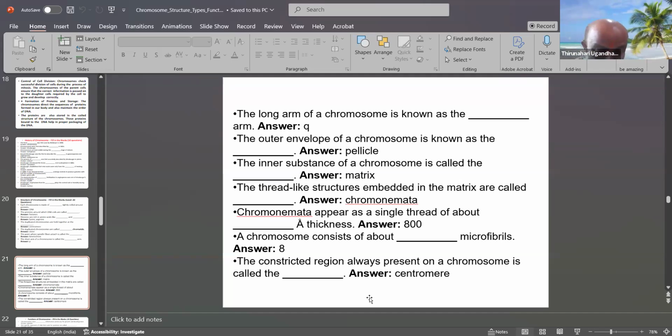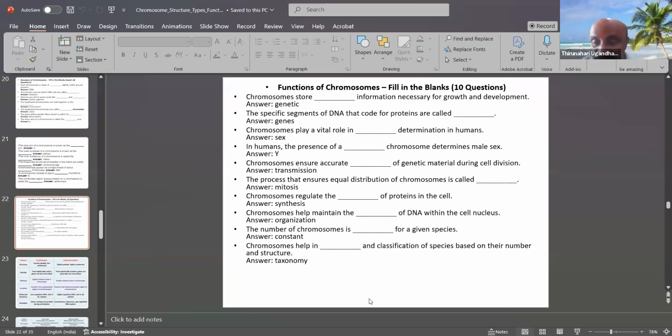The constricted region always present on the chromosome is called the centromere. The centromere, also called the kinetochore, is one of the important parts of the chromosomes. So what are the functions? The chromosomes store genetic information.